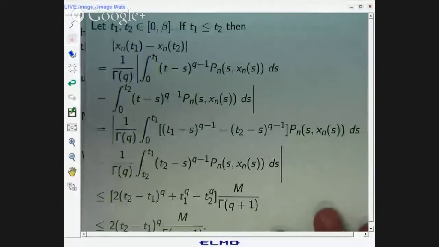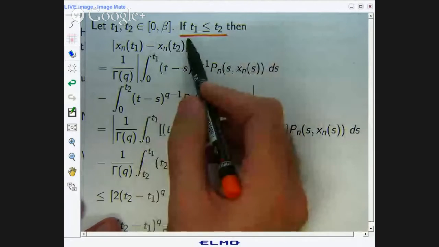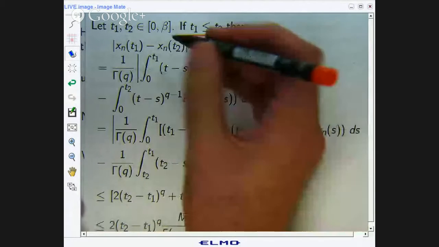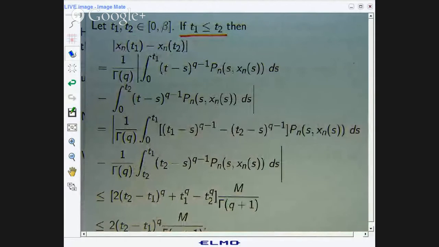I'm not going to show you all the details here because it takes quite a while, but I'll just put them up on the screen. Okay, it's quite long. So suppose I've got t1 and t2 are points. Let's look at the absolute value of the difference. What I want to do is make that small when t1 and t2 are close.